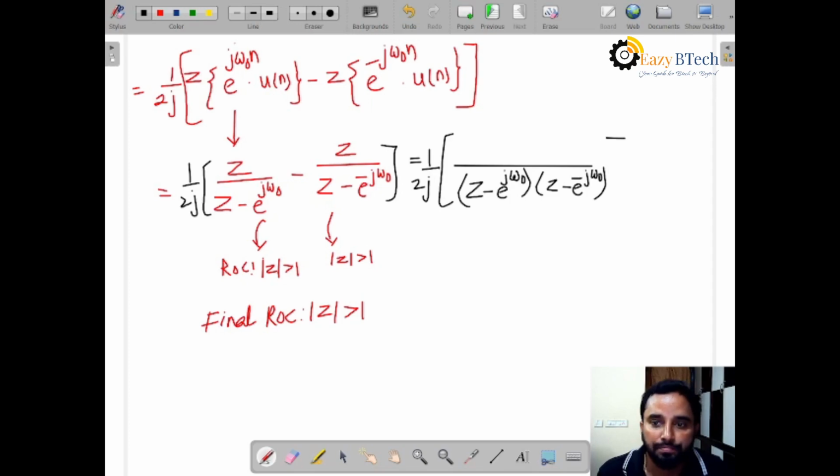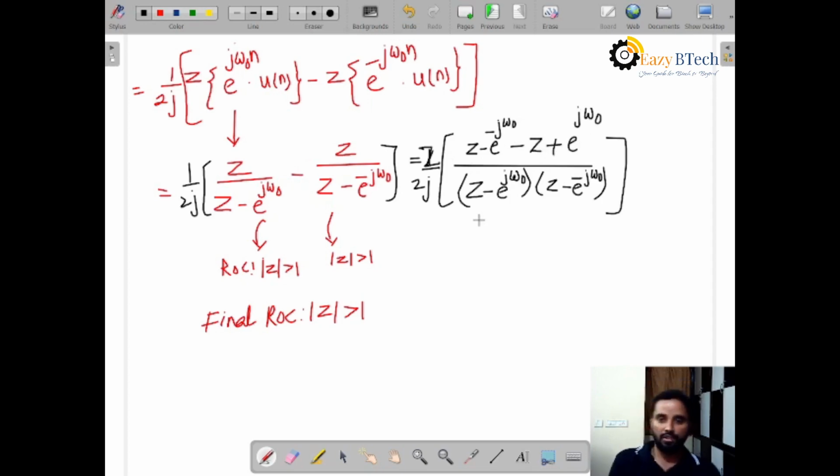So LCM z into, we can take z also common, right? In the numerator z is common. Now here z minus e to the power minus j omega naught minus z plus e power j omega naught. Okay, right? Just we are doing LCM, nothing else.